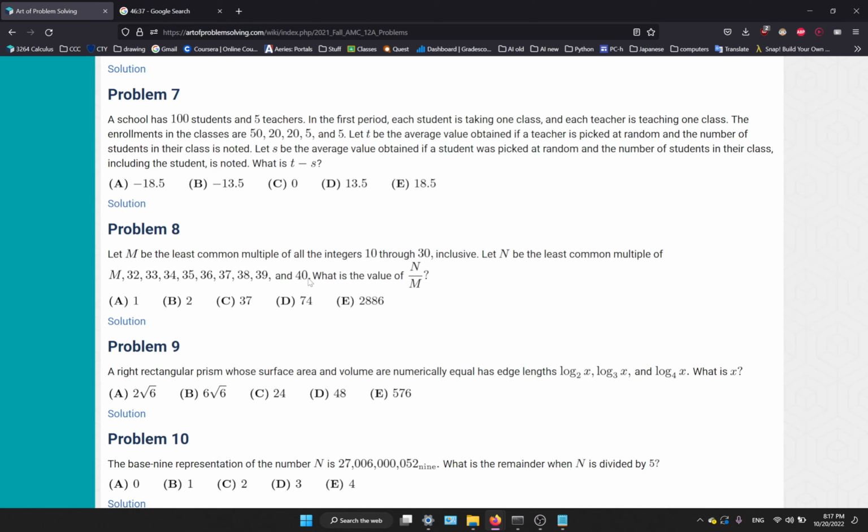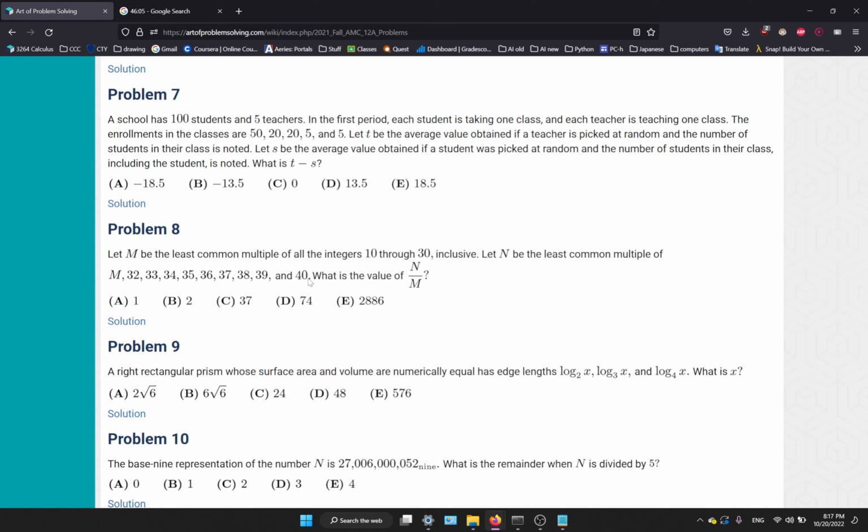What's the next prime? 13. Next? 17. 23. 29. 31. 37.